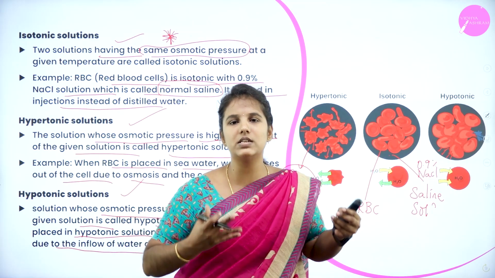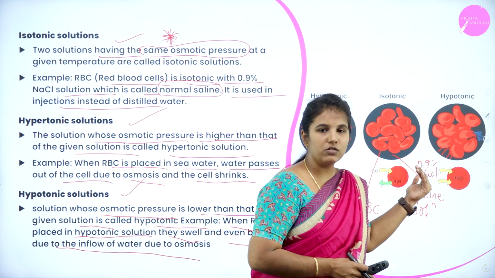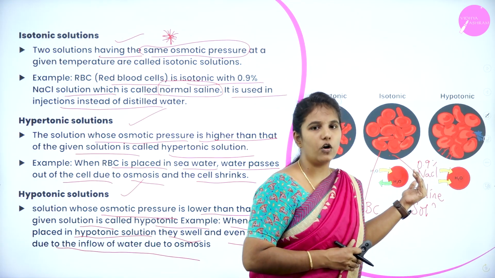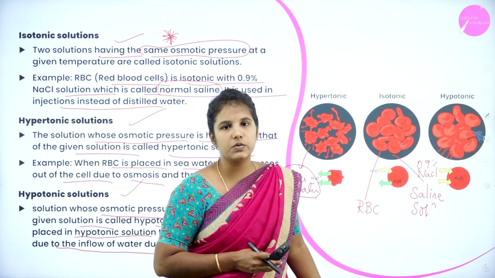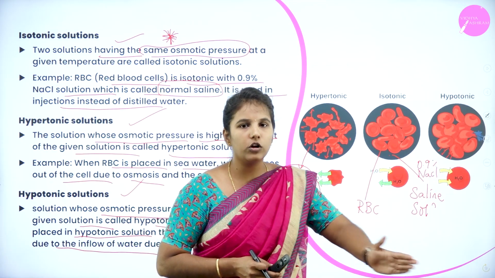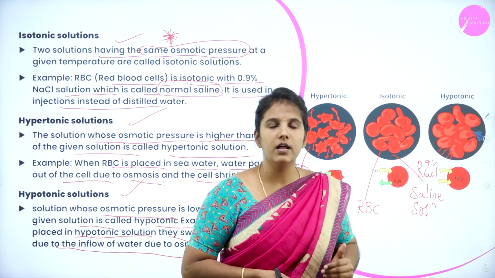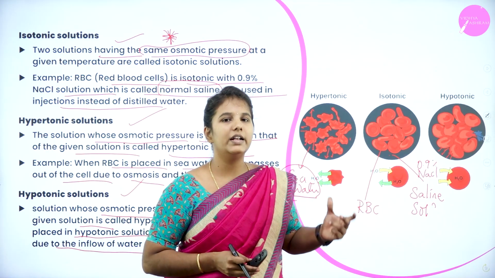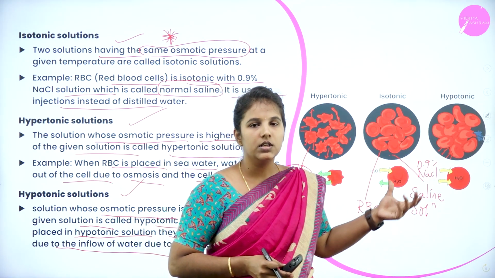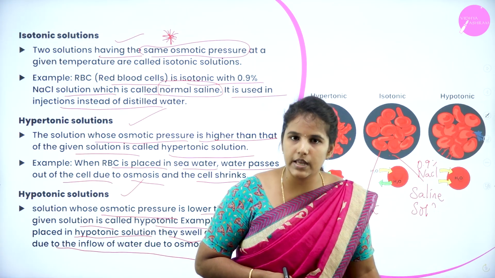It will increase its size because water has been coming from the outside, because of the inflow of water, and this is because of osmosis. The water from the outer portion moves towards the red blood cells so that they increase in volume and get bulged. So this is an example for the hypotonic solution.